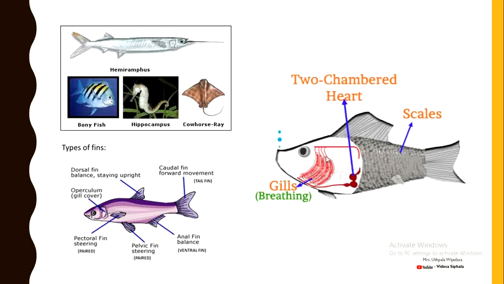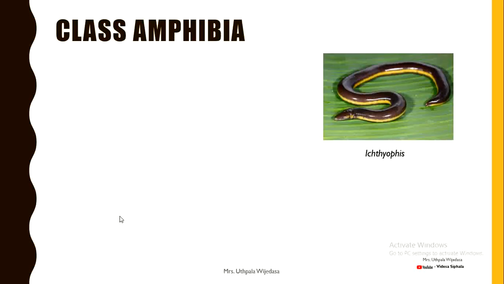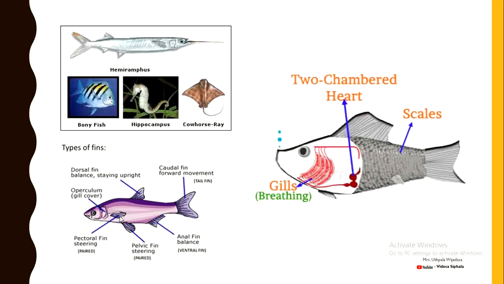They respire by using gills, and these are cold-blooded animals, or we call them poikilothermic animals. Cold-blooded means their body temperature changes according to the environmental temperature. This special body shape, which we call the streamlined body shape, is important to swim, tolerating the resistance from water.